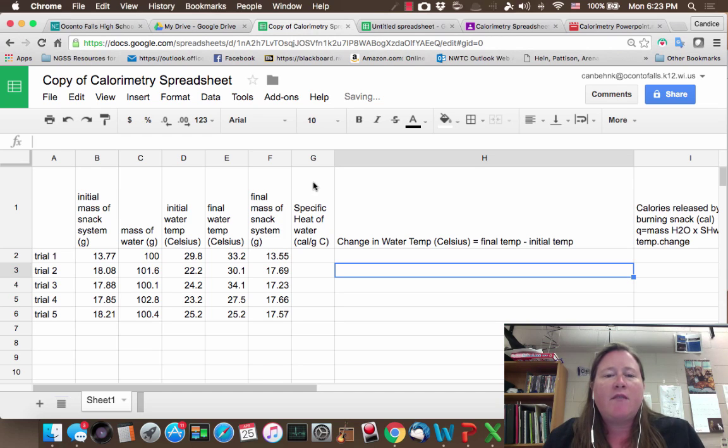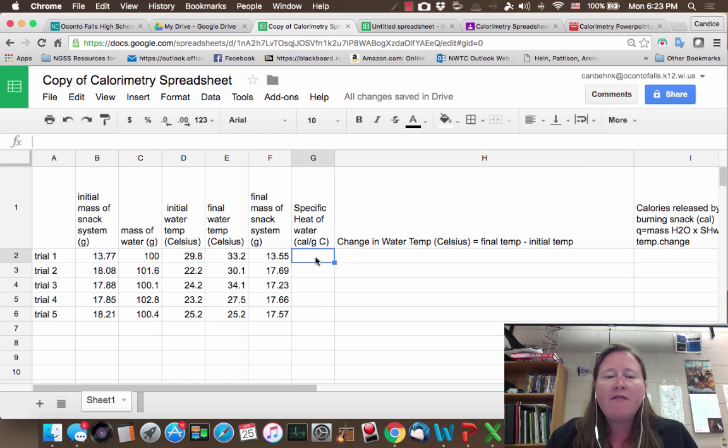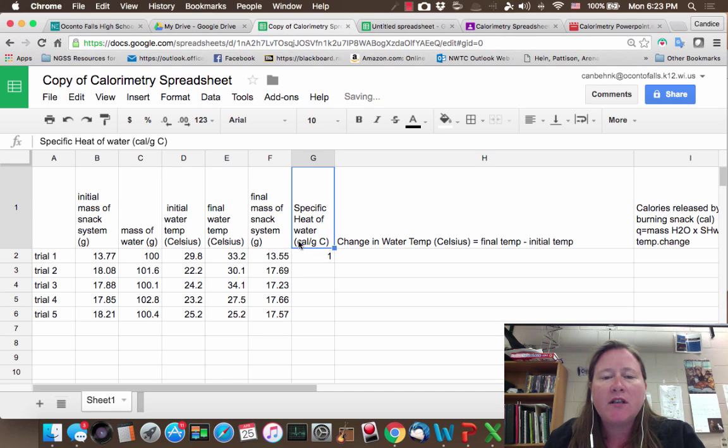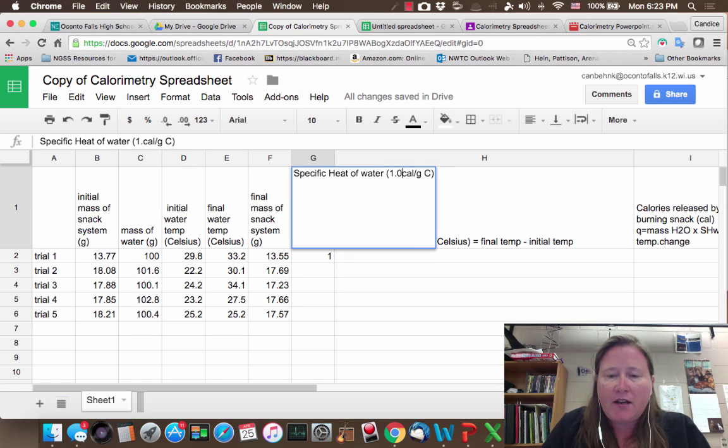One of the things that I put in the table is the specific heat of water. Water has an extraordinarily high specific heat, which is why it makes an ideal substance to use in calorimetry. That value is 1.00 calories per gram per degree Celsius. I am just going to put that on here.